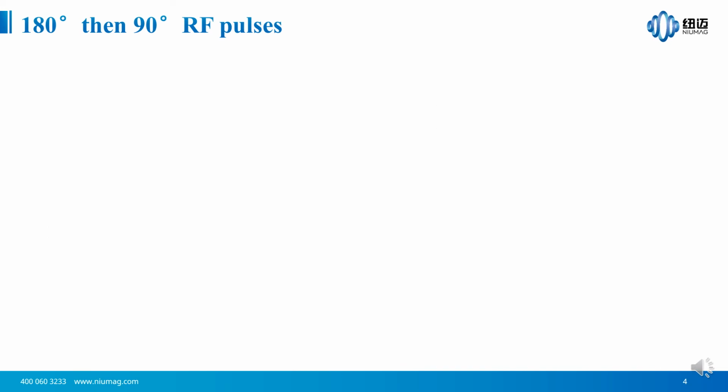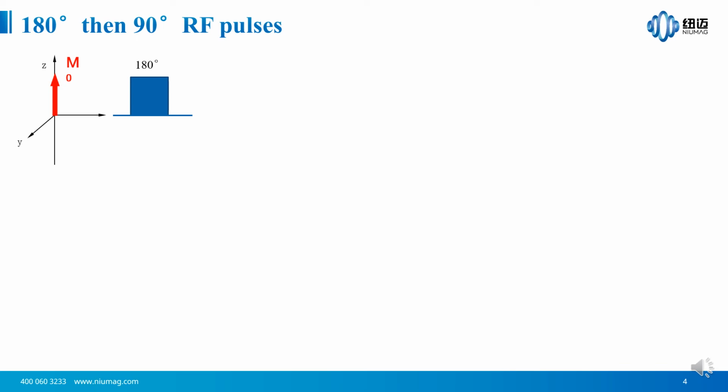Now let's look at another case, when a 180-degree pulse is added first, followed by a 90 degrees pulse. The first 180-degree pulse is the same as the previous one.